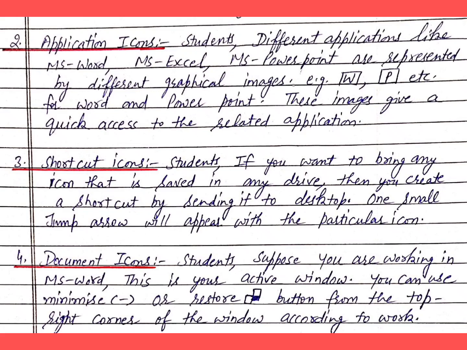Number 4, document icons. Students, suppose you are working in MS Word. This is your active window. You can use the minimize or restore button from the top right corner of the window according to your work.